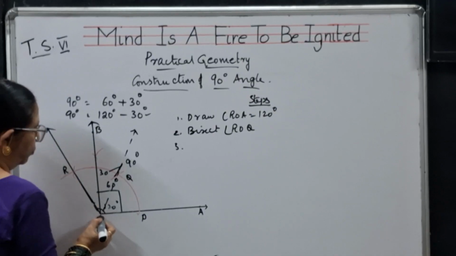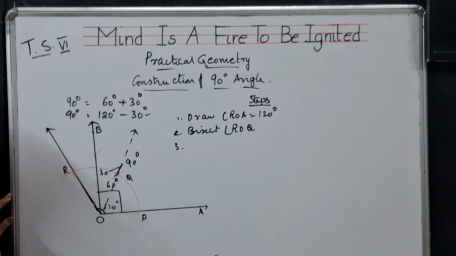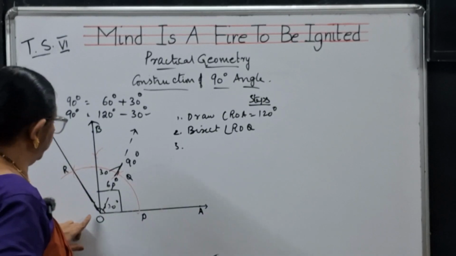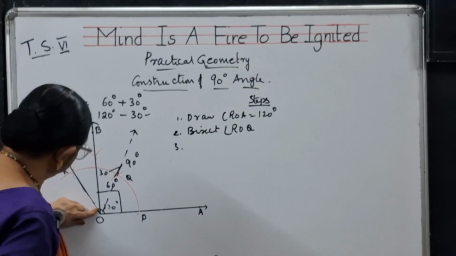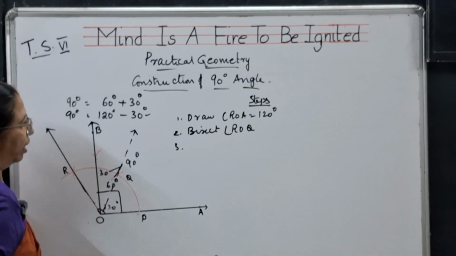Angle ROQ, you are bisecting by this OB. How are you bisecting it? You are bisecting it by drawing more than half of RQ.